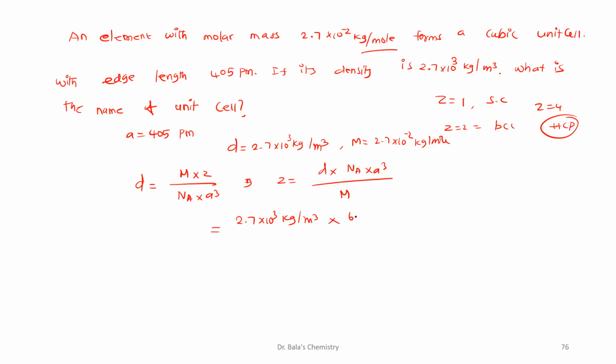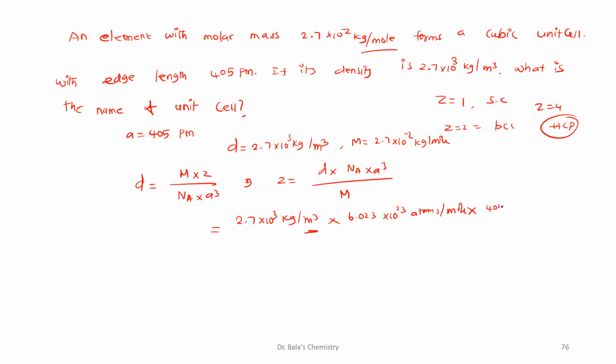Into Avogadro number 6.023 into 10 power 23 atoms per mole into a cube. A cube, how can we calculate? Since the meter cube is given, we can keep the value in meter cube also.